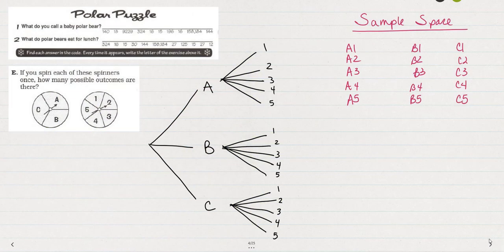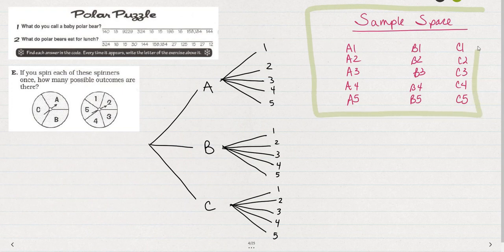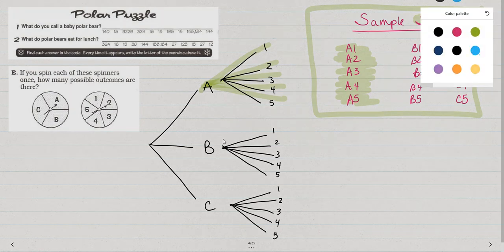After you create the tree, you should be able to list all the sample points in the sample space. After you've created the tree diagram, we could say that A1, A2, A3, A4, and A5 are all elements of the sample space, or in other words, those are all sample points.